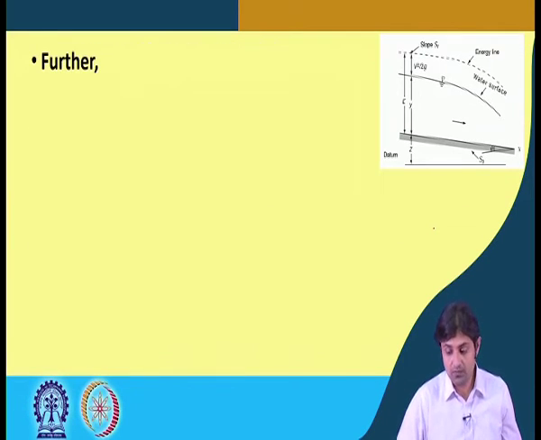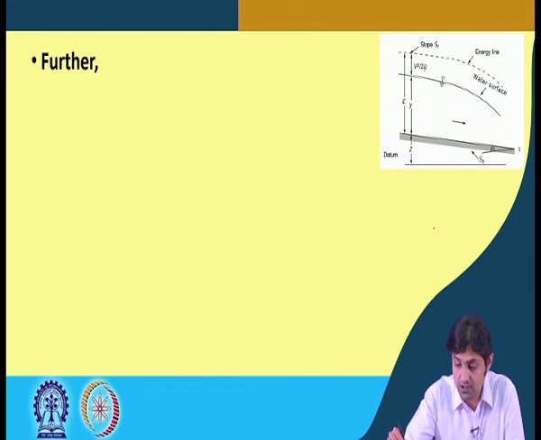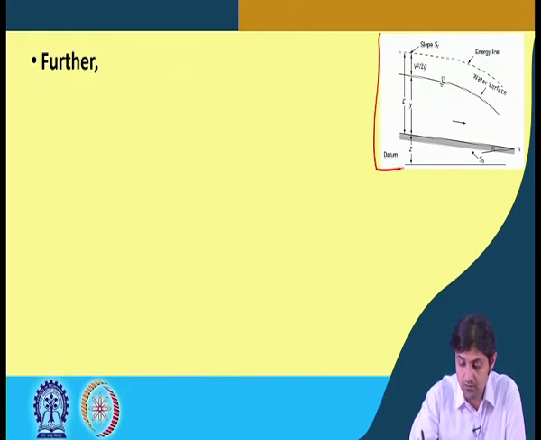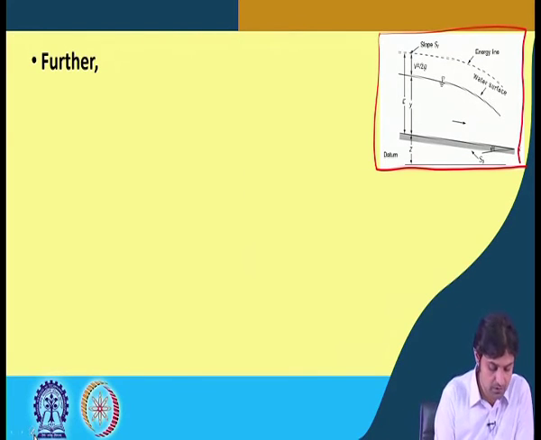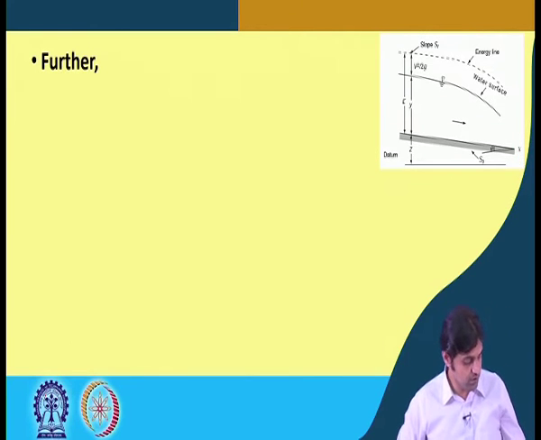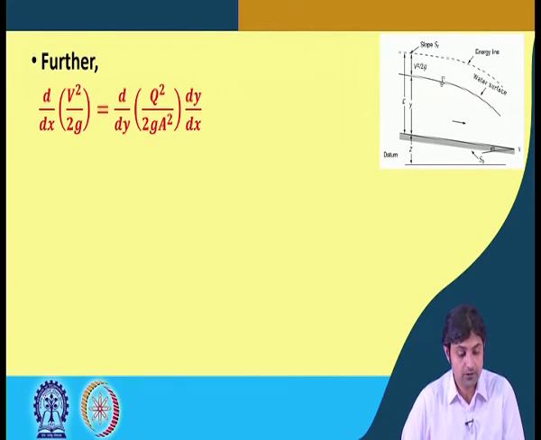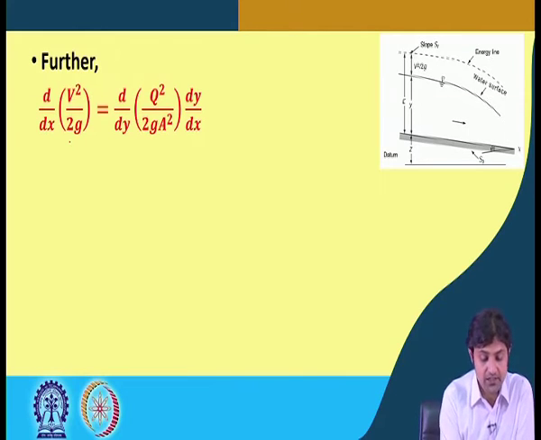Now, for your convenience I am just keeping this figure here all the time, so you can follow. If something comes, I will point it out. Further, going into the sub part of that equation, d dx of v square by 2g.